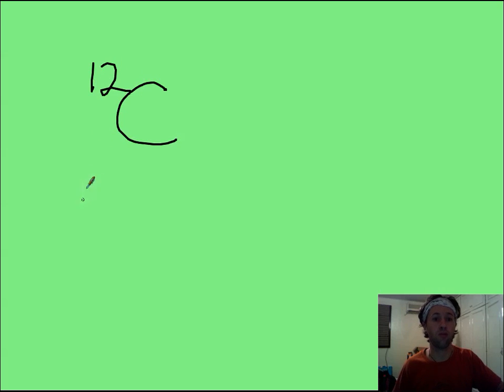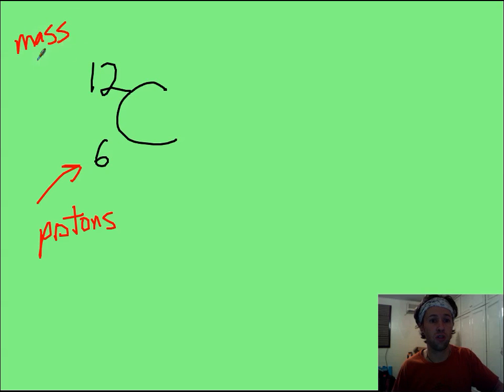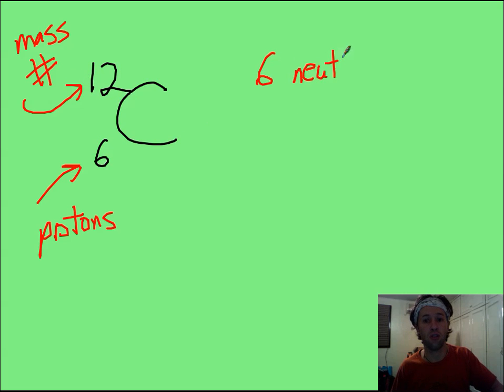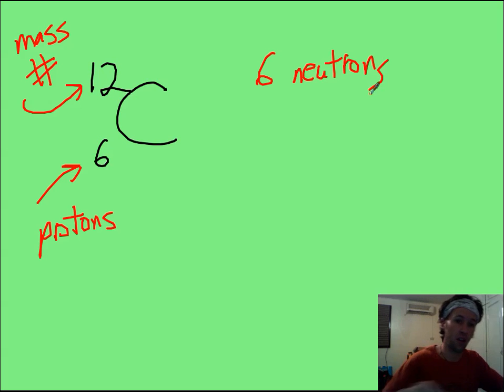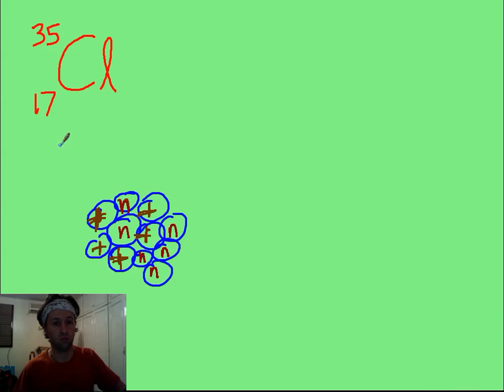The way this looks on an element, let's say you have the element carbon 12. You can look up on the periodic table and see that it's carbon 6, and this is easy enough because you know this is the number of protons, this is the mass number, and it must have 6 neutrons, because 12 minus 6 leaves 6.